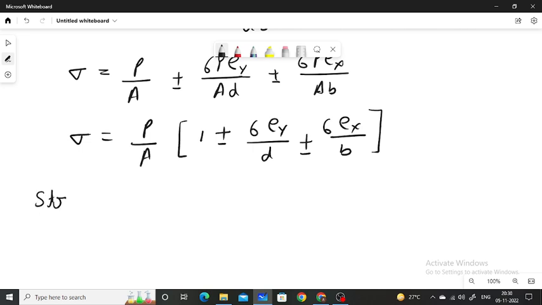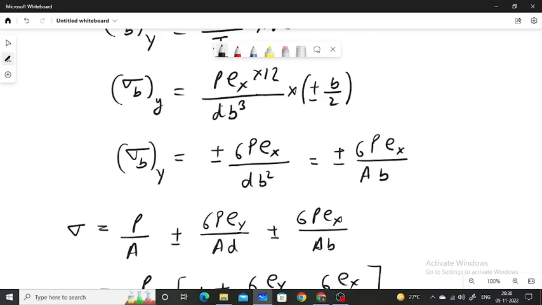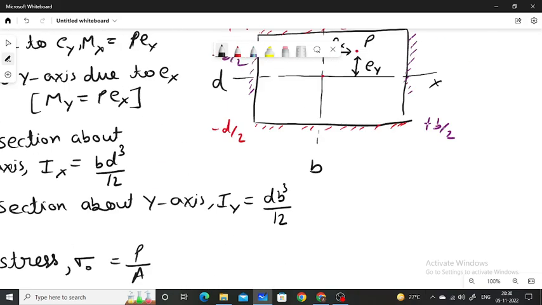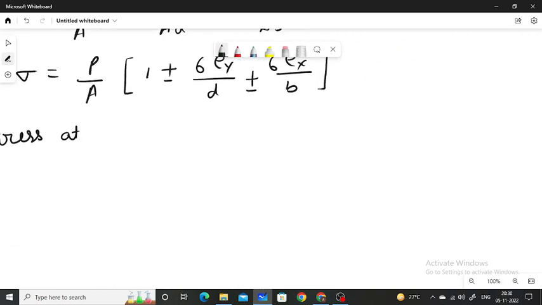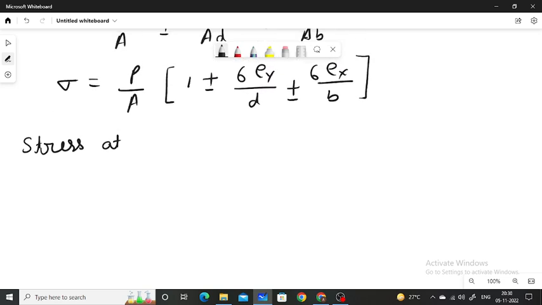Stress at, now take, this is the cross section of the column. Consider this is the point A, this is the point B, this is the point C, this is the point D. Okay.